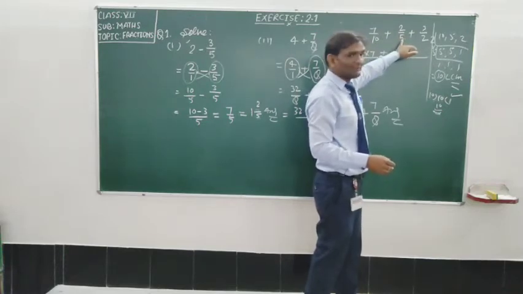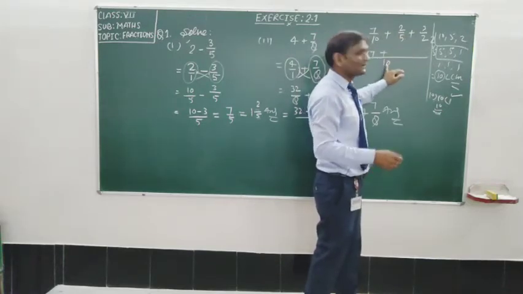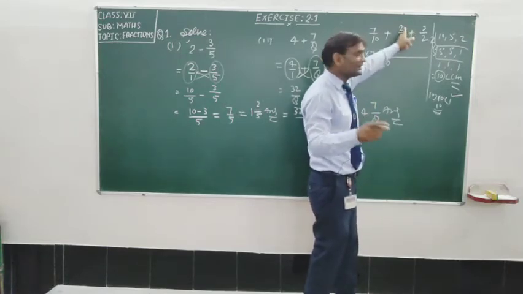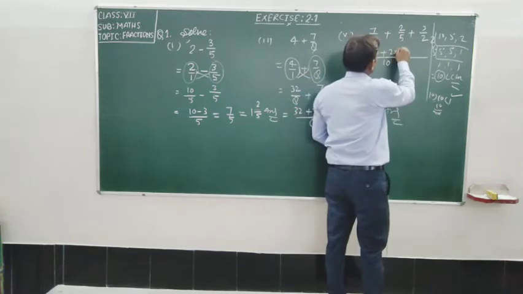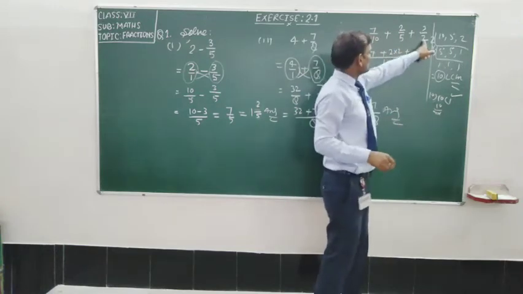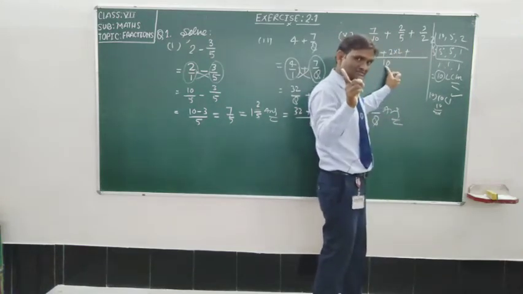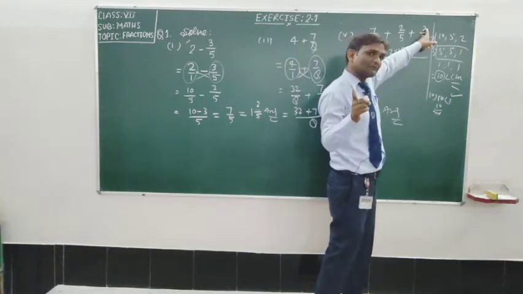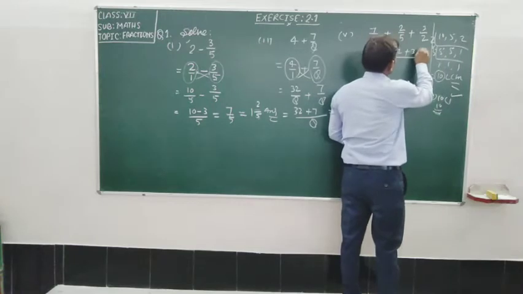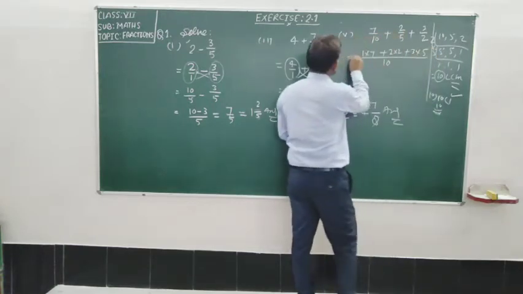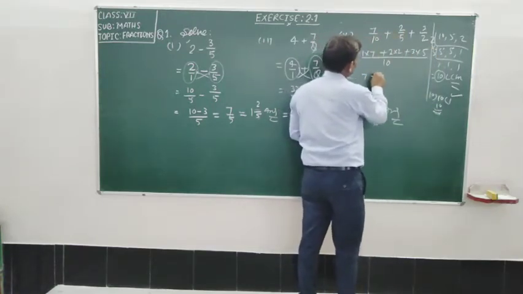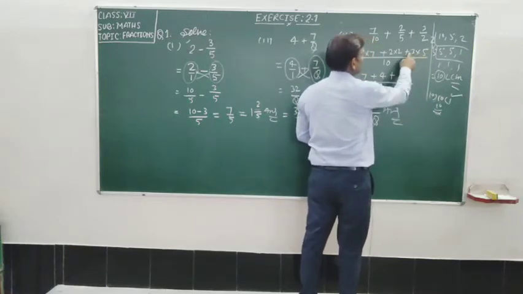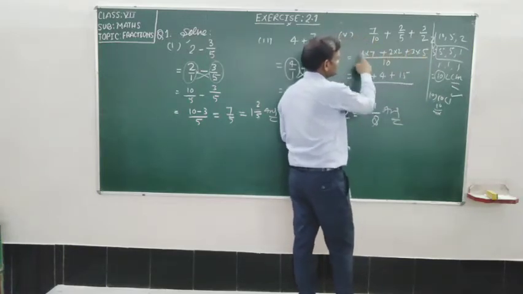LCM divided by the denominator of the second fraction. 5 2s are 10. 2 is the quotient and by 2 you will multiply in the numerator, meaning 2 into 2, plus. 2 5s are 10. 5 is the quotient and by 5 you will multiply in the numerator of the third fraction, meaning 3 into 5. Then, student, you get 7 plus 4 plus 15. 3 5s are 15, 2 2s are 4, 7 1s are 7.